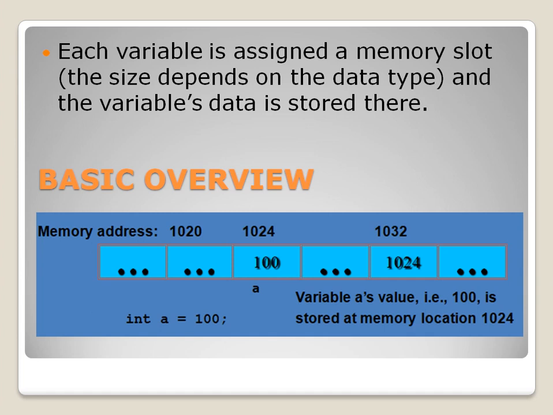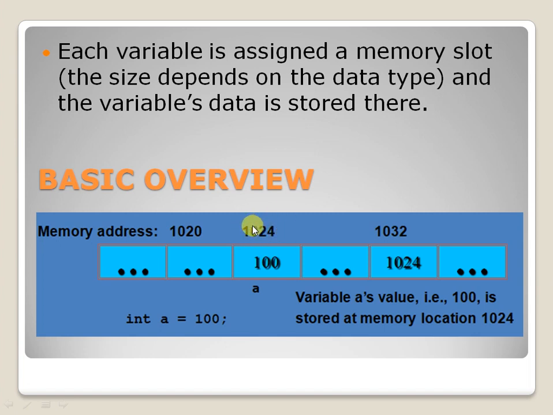So here each variable is assigned. Let's suppose you take an integer, right? So this is an integer variable a, and that is assigned some value. It's just a random value. And since the variable is given a memory address, let's suppose the variable a, which is holding the value 100, is stored at 1024.